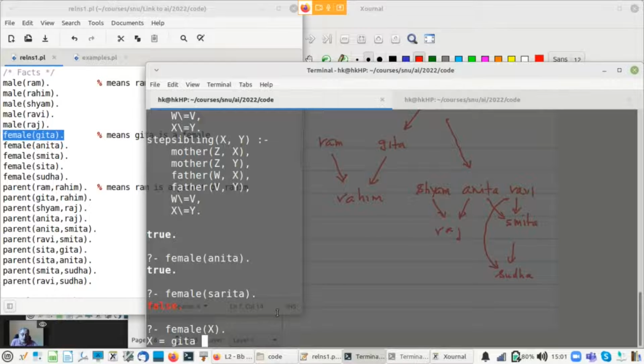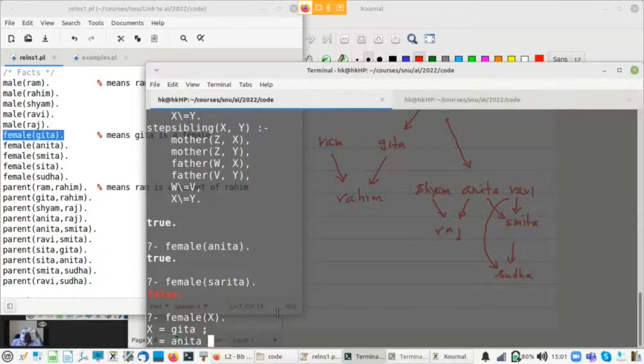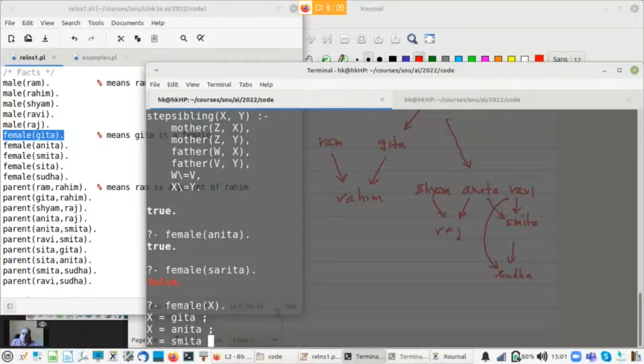I can now give a semicolon, and it will give you the next answer. It says, well, if X was substituted with Anita, then also this is true. Then it gives yet another answer. I can keep getting answers by hitting semicolon. Now X equal to Smita also makes female X true. Notice that X is a variable.